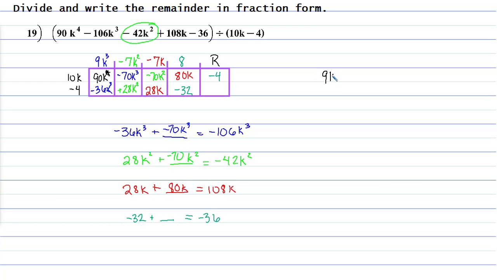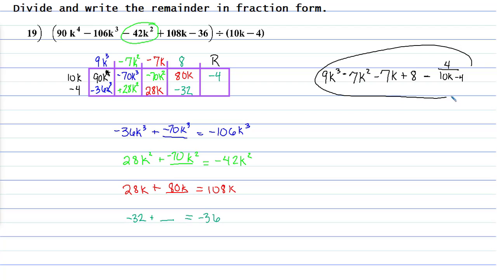So my answer is 9k cubed minus 7k squared minus 7k plus 8. My remainder is negative, and I had a 4 over 10k minus 4. And that's my answer.